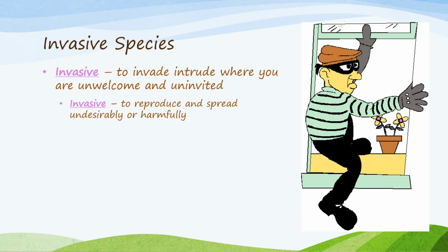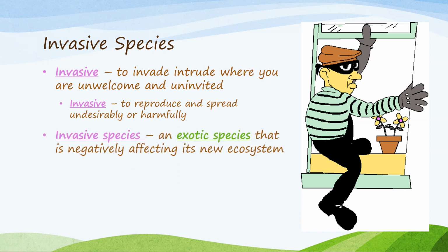What did we just say was a type of species that is taken to where it isn't naturally from and doesn't belong? Exotic. So invasive species are actually exotic species too. But what makes them different from any old exotic species is that an invasive species is one that is negatively affecting the new location that it has been brought to. Invasive species are harmful and don't belong there.